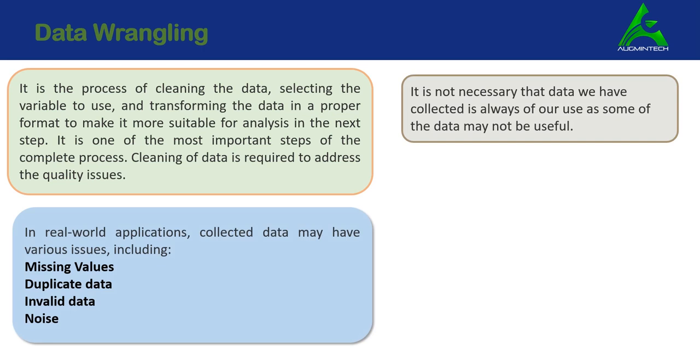In real world applications, collected data may have various issues like missing values, invalid data, some kind of noise, or even duplicated or redundant data. So we can use various filtering techniques in order to clean the data. And it is mandatory to detect and remove these issues as they can negatively affect the quality of the outcome.